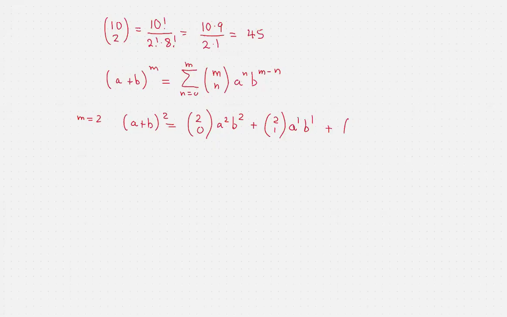I'm so sorry, the very first term should have been a to the 0 b squared, and the last one should have been a squared b to the 0. Sorry about this, this is now correct. And of course, we can easily compute that 2 choose 0 is 1, so that gives you b squared plus 2ab plus a squared. Okay, this might seem a little awkward since you're used to a squared plus 2ab plus b squared, but it's pretty much the same thing.